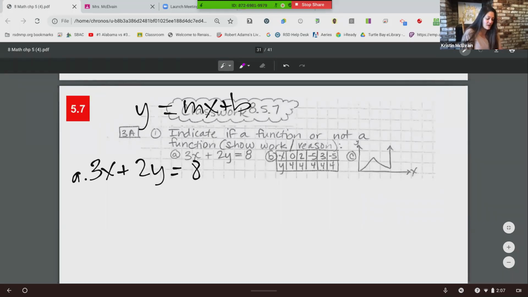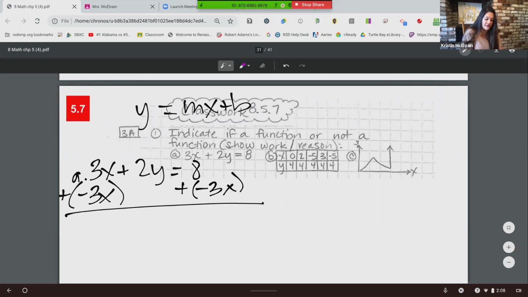Let's move the 3x to the other side, and we do that by adding the opposite. Whatever we do to one side, we have to do to the other. So remember on the right side that we have to leave it in our mx plus b form. Okay, so that leaves us with 2y equals negative 3x plus 8.